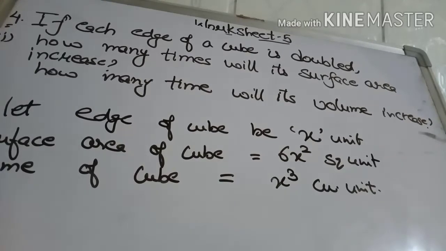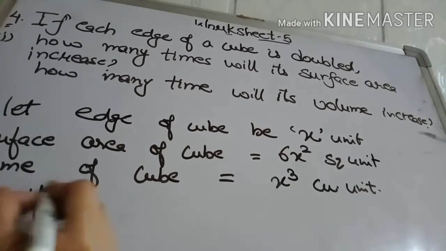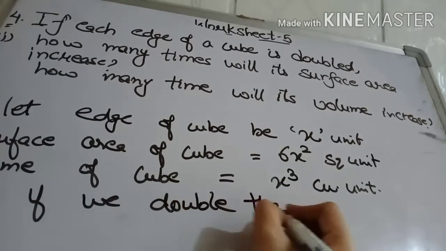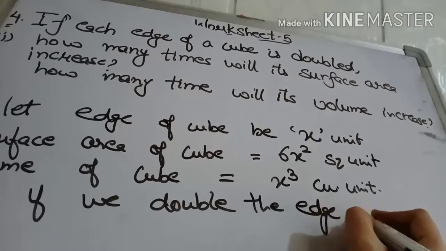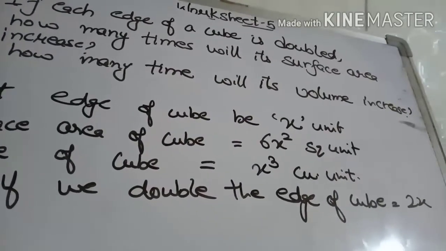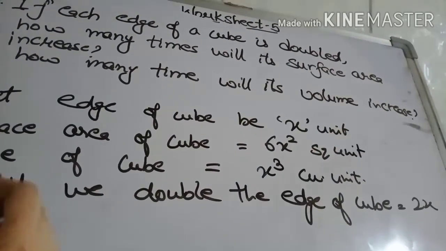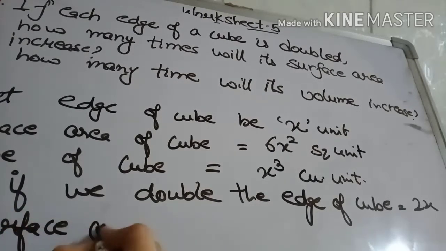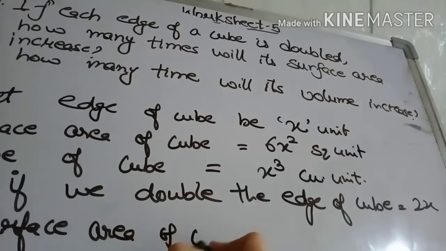Now, if we double the edge of the cube, what are we getting? 2x. The edge will be 2x. Let us see what happened to the surface area. What is the formula for the surface area of a cube? 6L square.